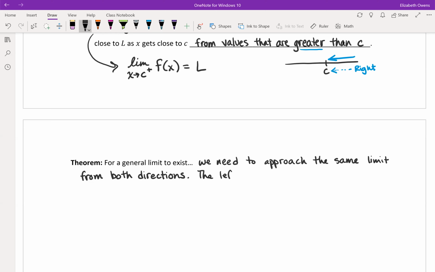Okay, so approach the same limit from both directions. The left-hand and right-hand limits must be equal.